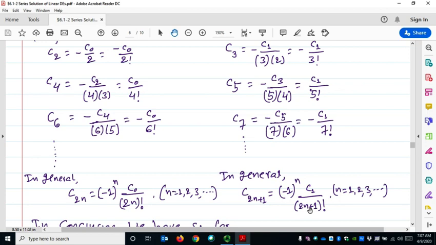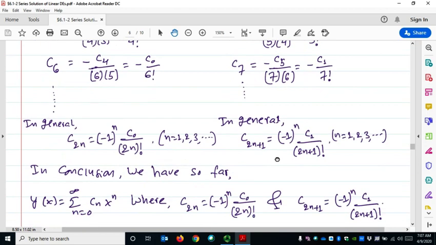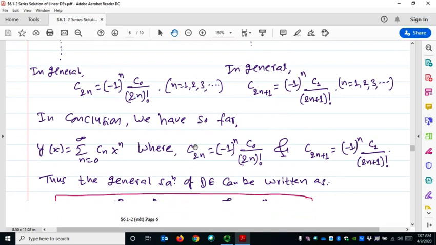Great. Let me summarize what we have so far. We assume our solution as a power series, where the Cn's in the even case have this expression, and in the odd case we found these expressions.